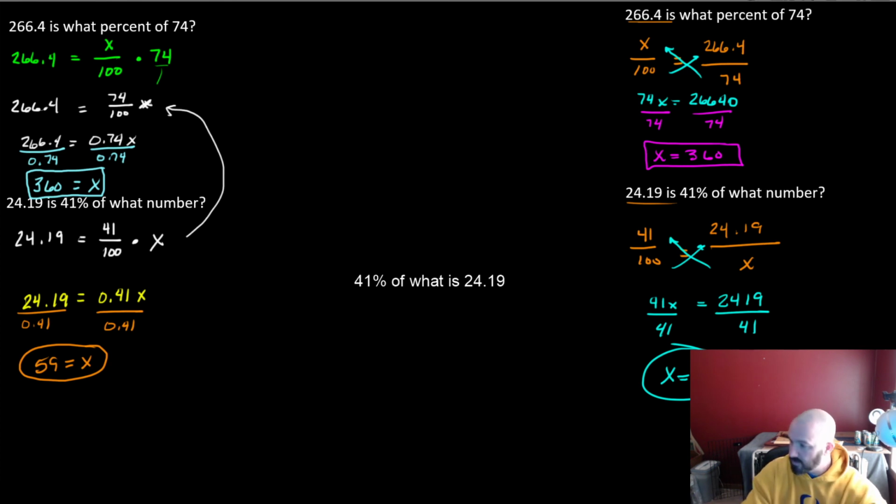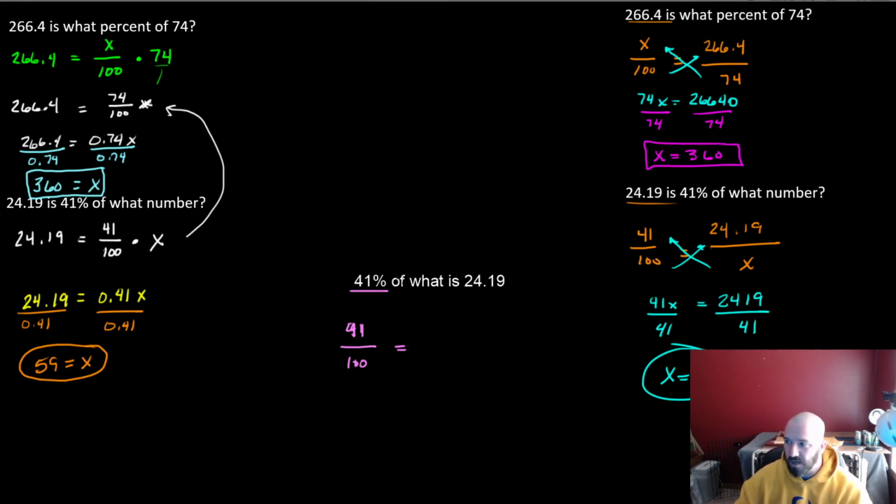So when it comes down to this, again, I always start with my percent. It's just easy. So 41 over 100 equals. Now, you'll notice that I have of what is.